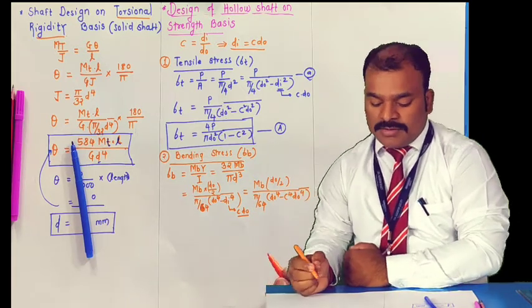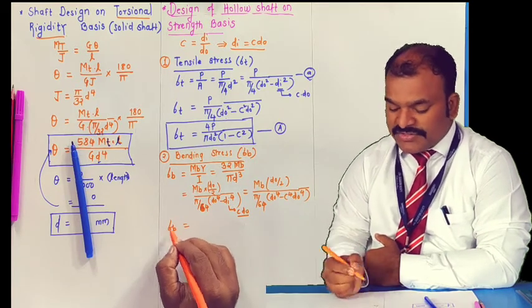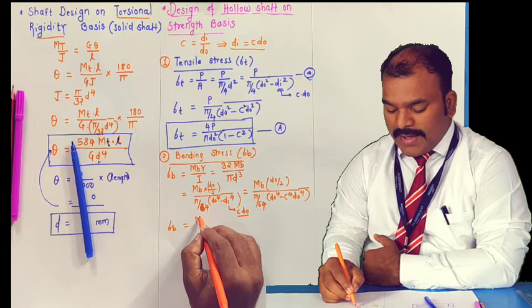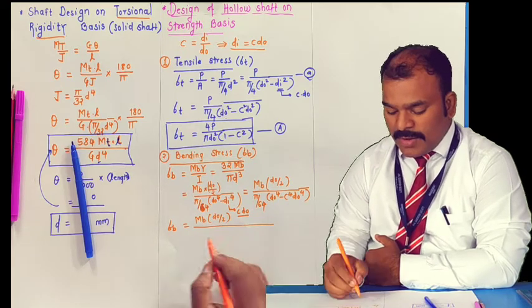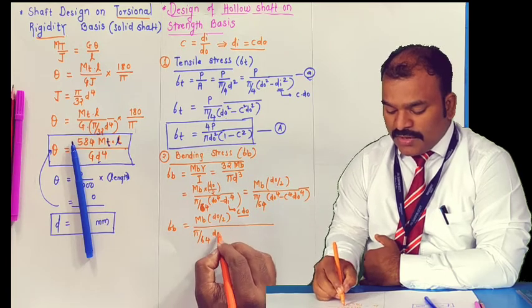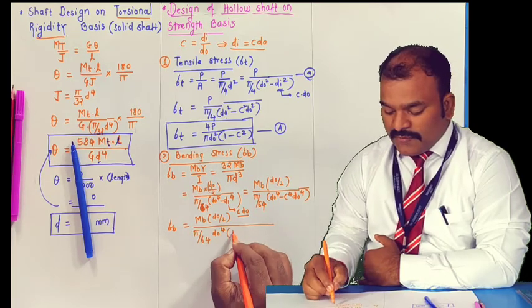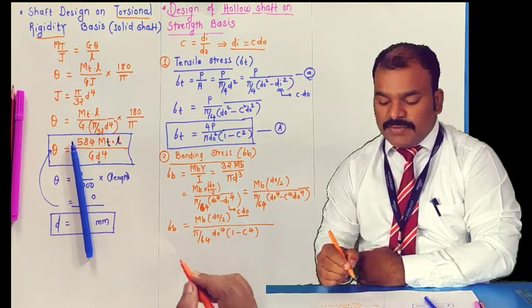So sigma b is equal to Mb do by 2 divided by pi by 64 do raised to 4 in bracket 1 minus C raised to 4. This will be the value.